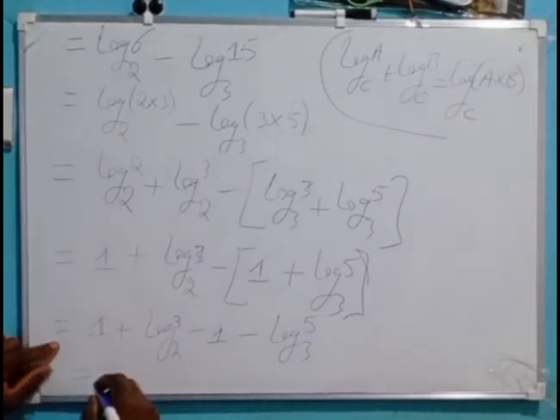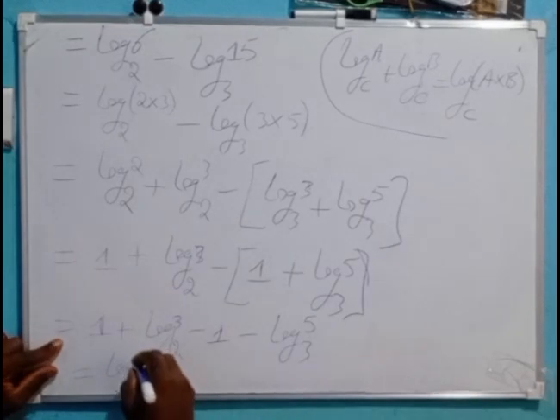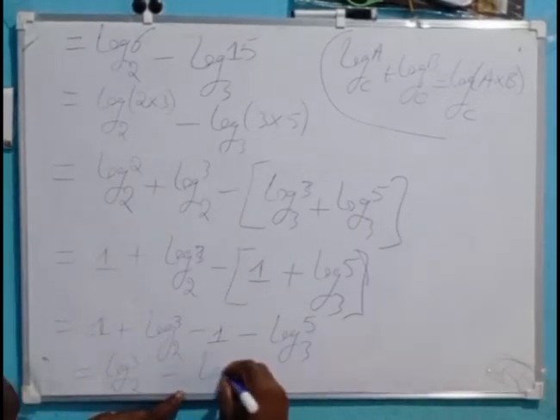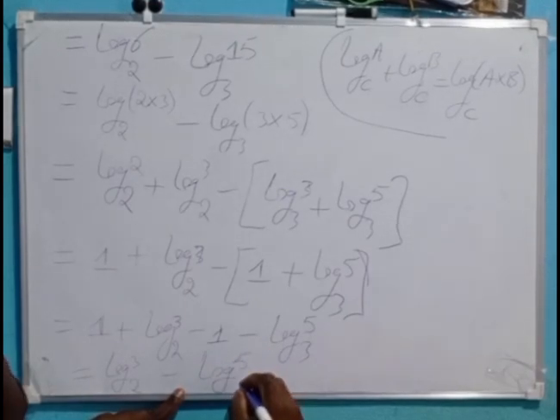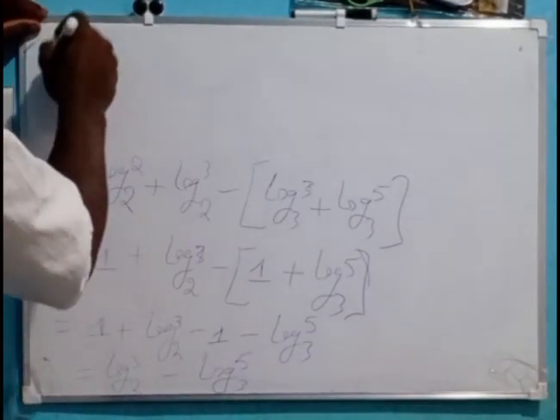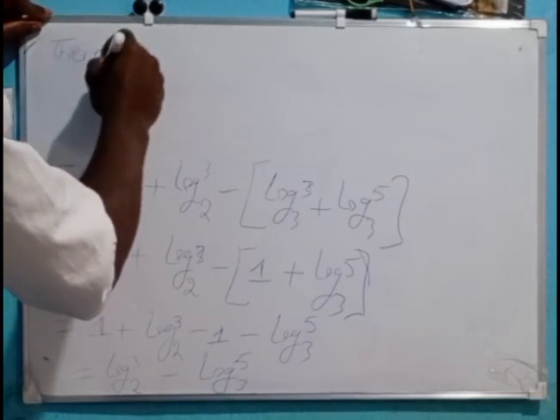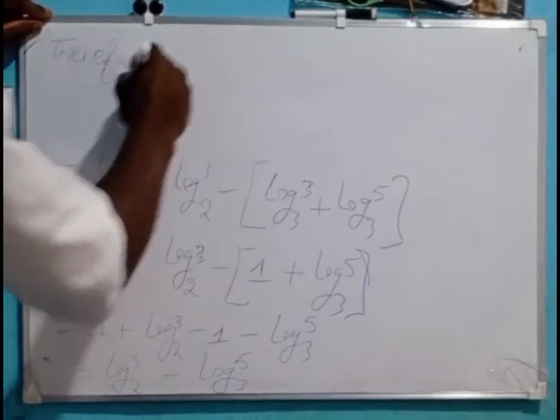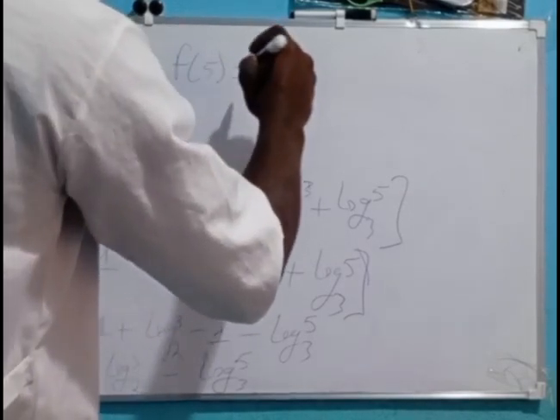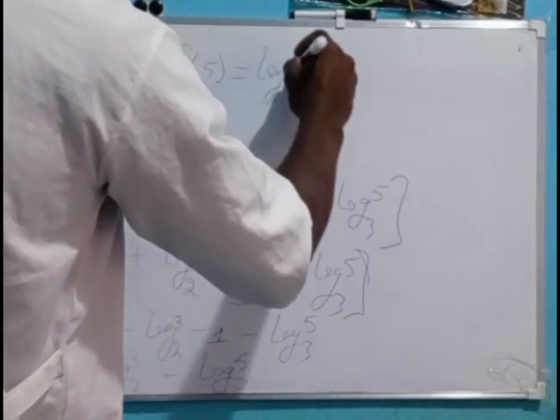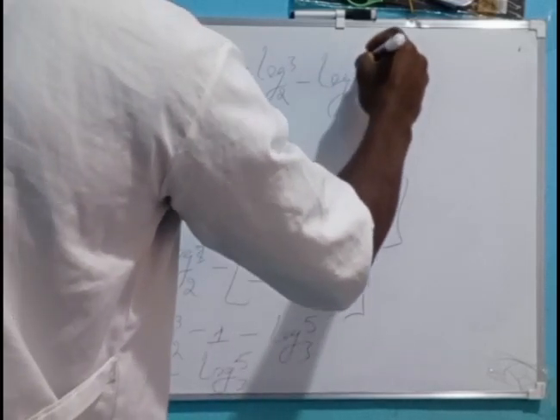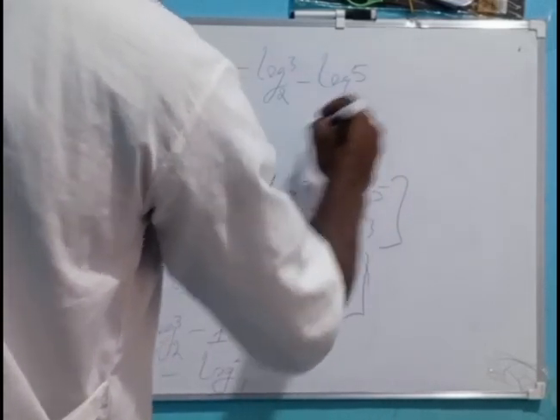We'll be left with the log of 3 base 2 minus the log of 5 base 3. We conclude, therefore, f of 5 is equal to log 3 base 2 minus log 5 base 3.